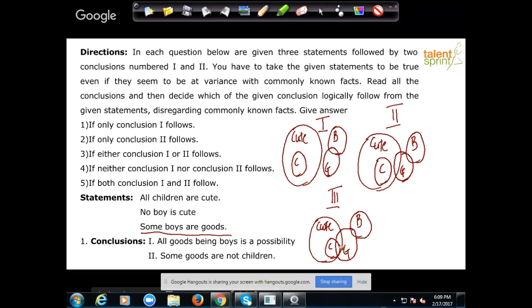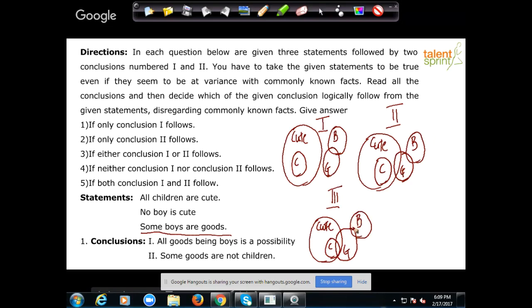Now let us take a second and analyze the 3 different diagrams and how they are different here. Goods shares some common part with boys, but is not sharing anything common with cute or children. In the second situation, goods once again shares a common part with boys, and here it is sharing something in common with the set cute. Now let us look at the third situation.